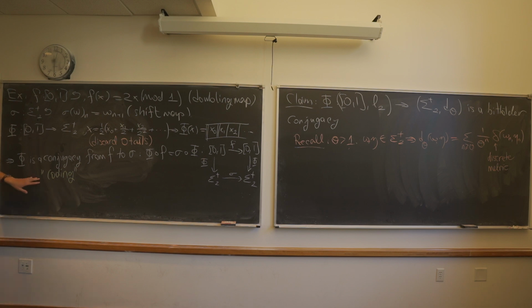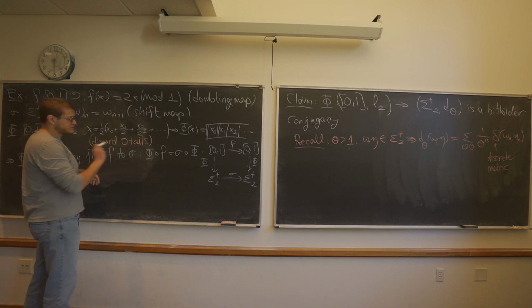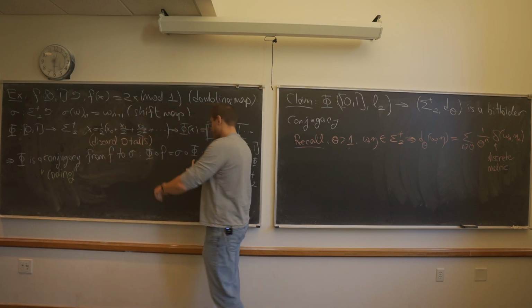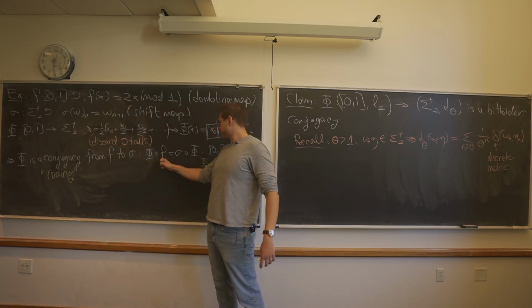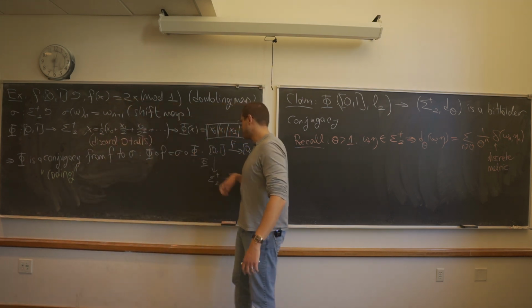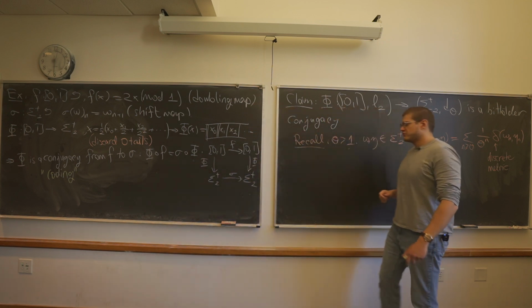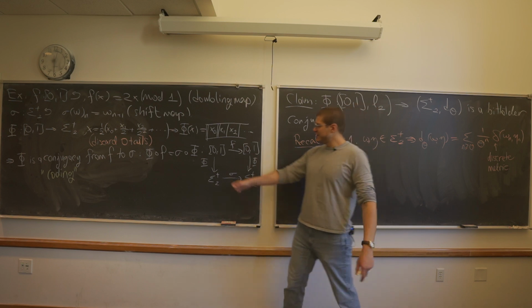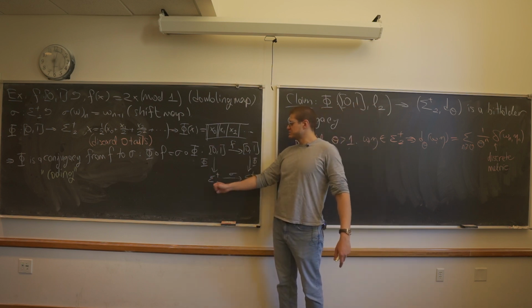We discussed this last time, from the doubling map to the shift map, which means this: phi composed with f equals sigma composed with phi, or we can draw this commutative diagram. They're basically the same thing, which means that phi is sort of like a coordinate change.